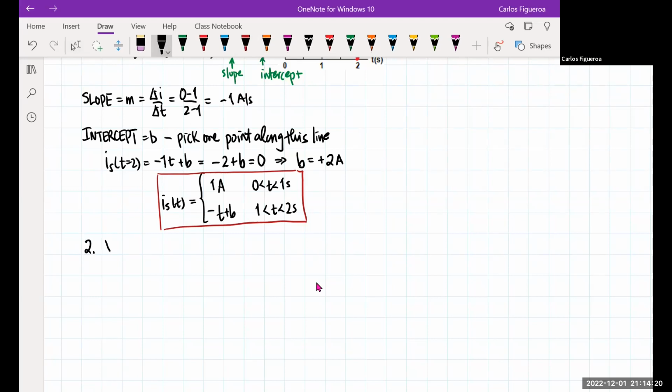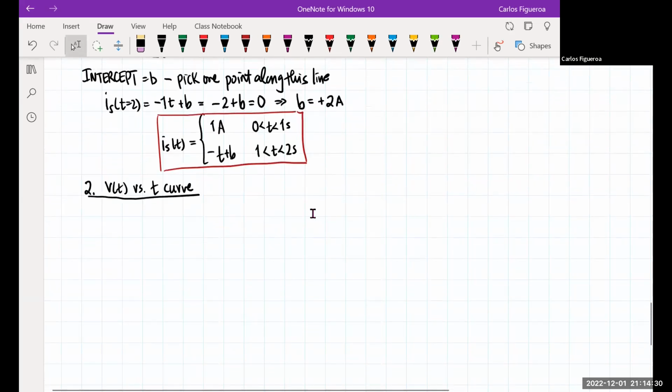And this is going to be the V of t versus t curve. So if I look at this guy, I know that this guy is my curve. So you can see that I have linear lines. So I have 3 regions between 0 and half a second, and 1, and then 1 to 2 seconds. So let's go do that.